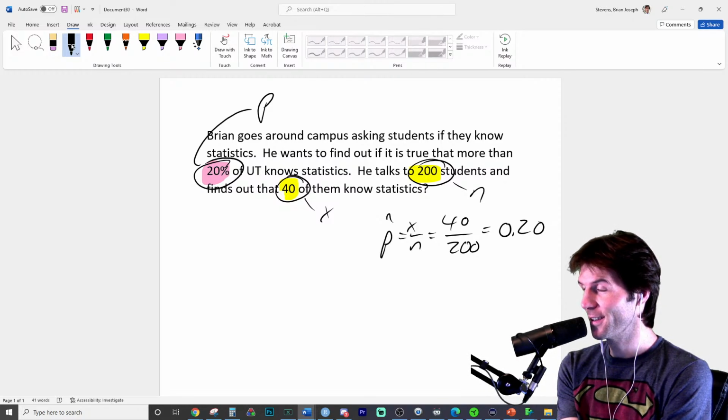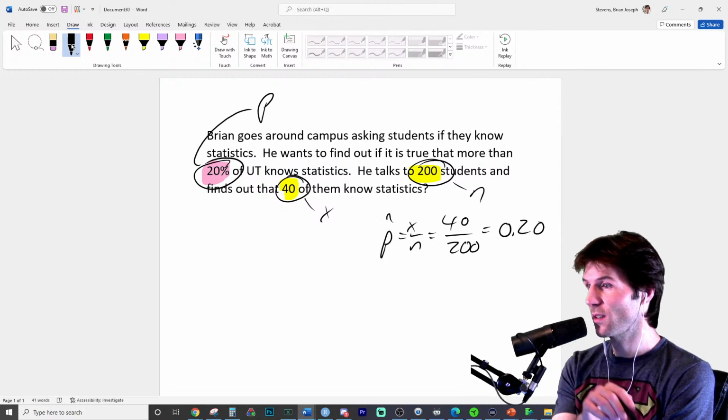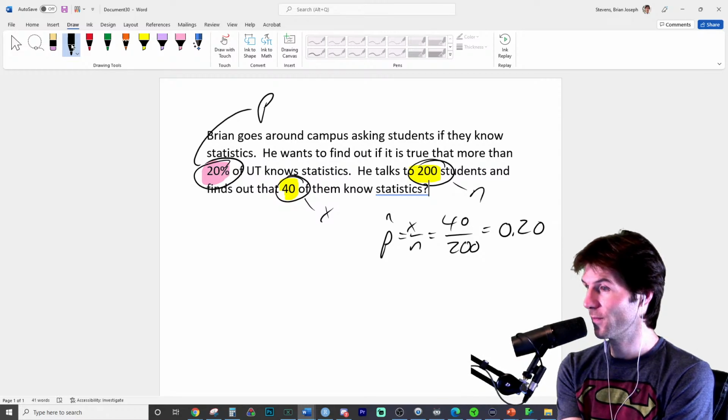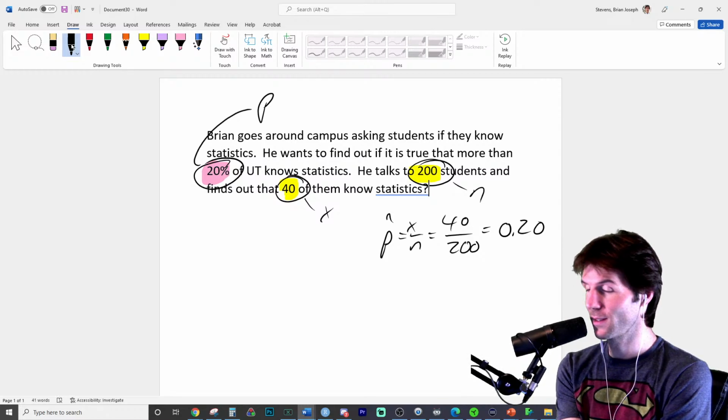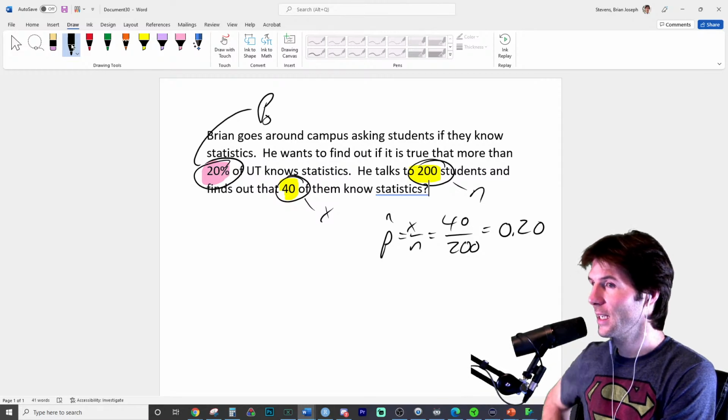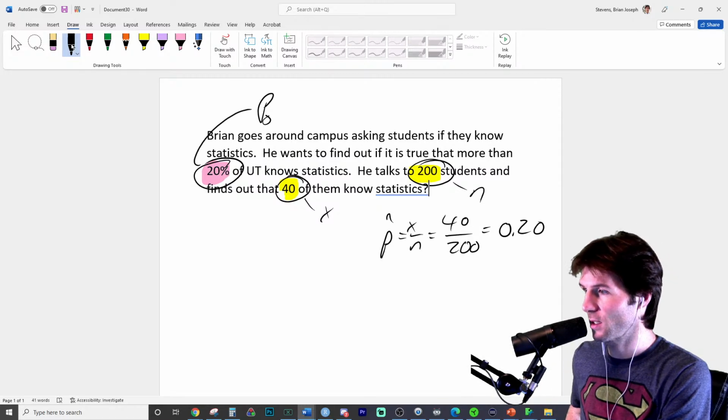It's P, which means I hypothesized. It's P naught. It's got that little hypothesized value next to it. Does that make sense? So that's what Brian's testing.